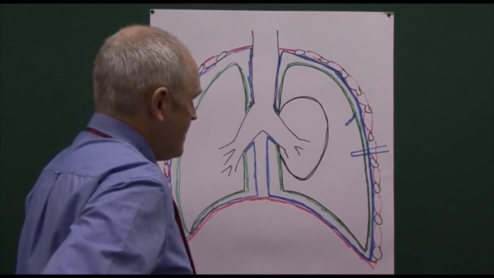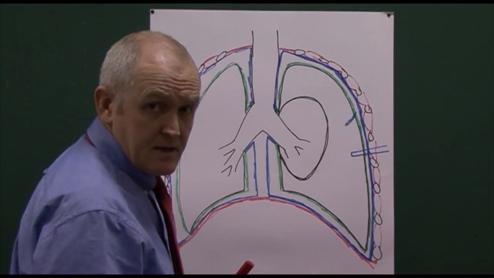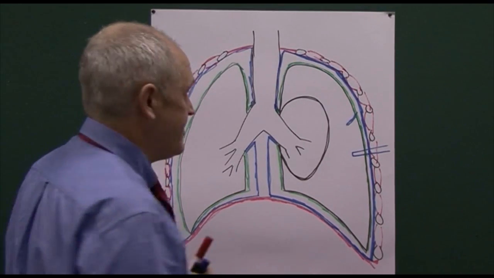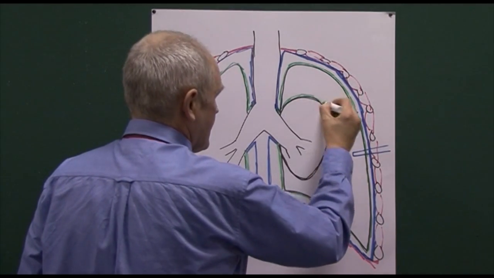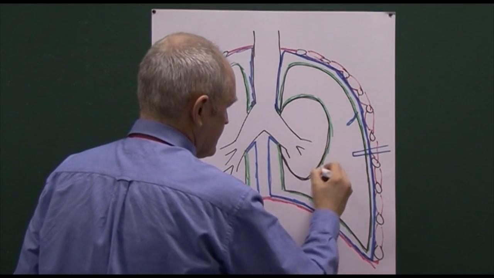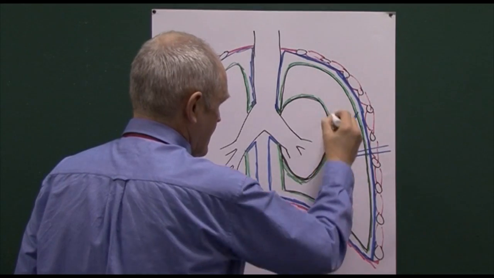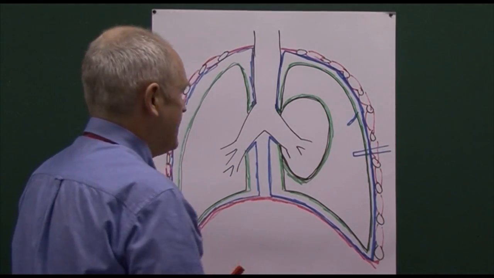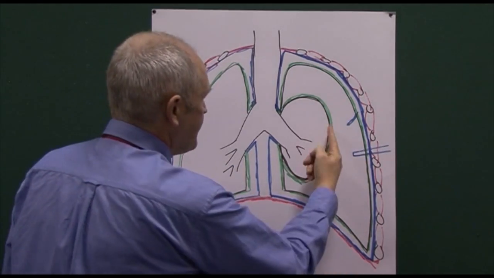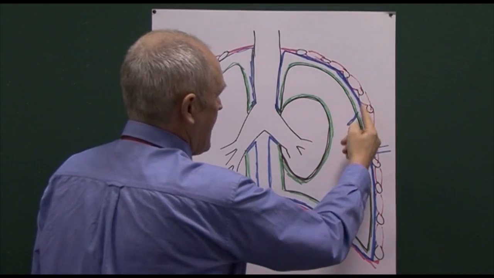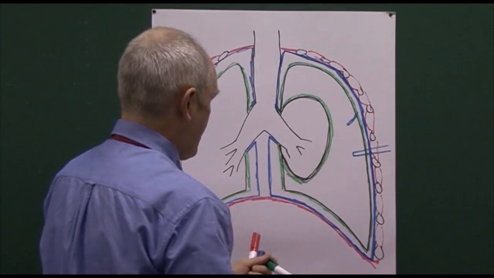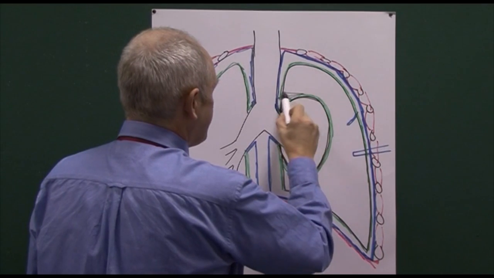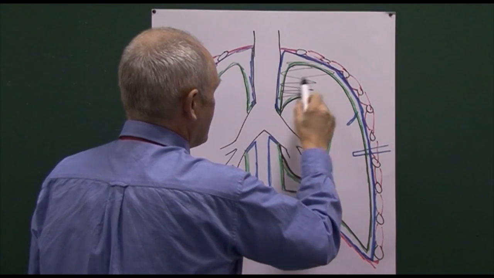Now the visceral pleural membrane will still be attached to the lung surface around here, but there's now a gap between the visceral pleural membrane and the parietal pleural membrane. And what this means is all this space will just fill up with air.